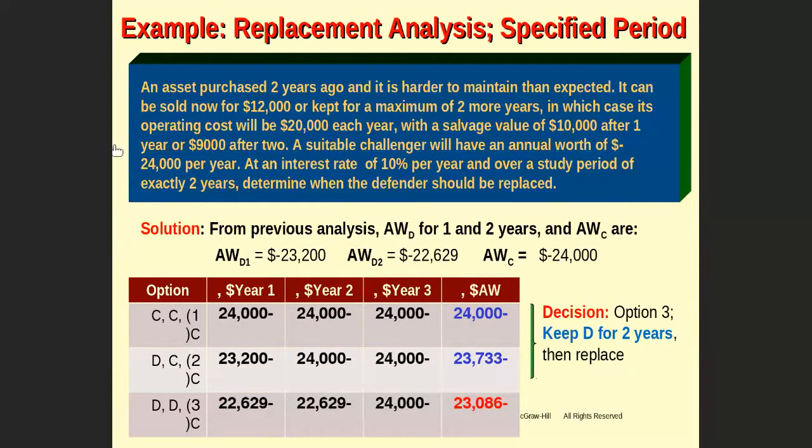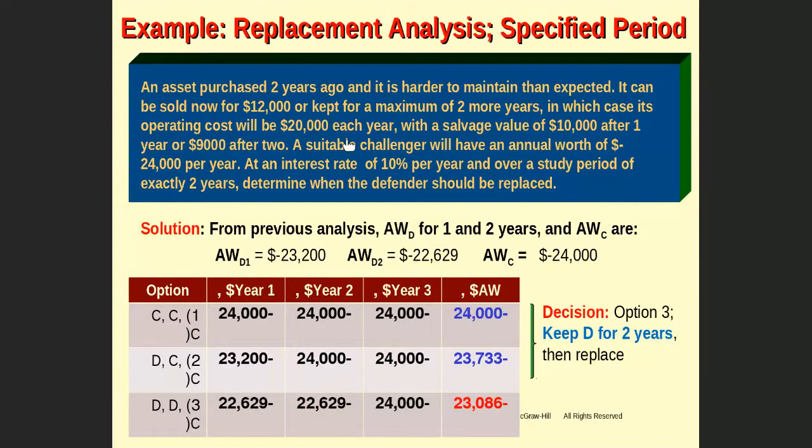Okay, if we are going to use the challenger from the first year, we have only this cost of the challenger, which is the 24,000. That will be the cost, and that will remove all the defender costs, because if we decide the challenger will be replaced now, that will be the annual cost, and the defender is already gone.